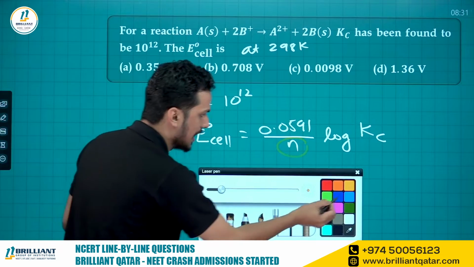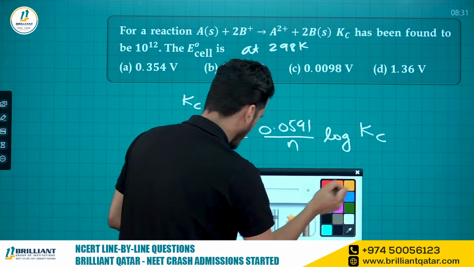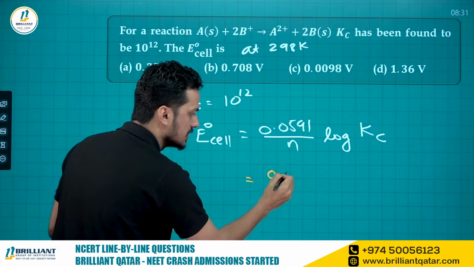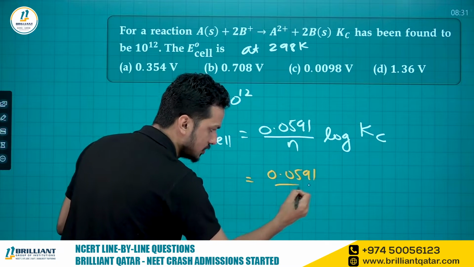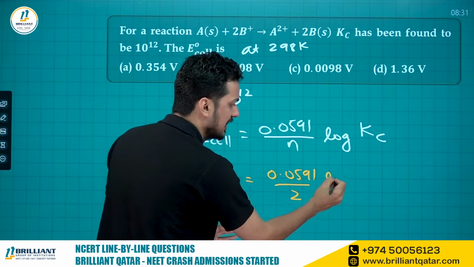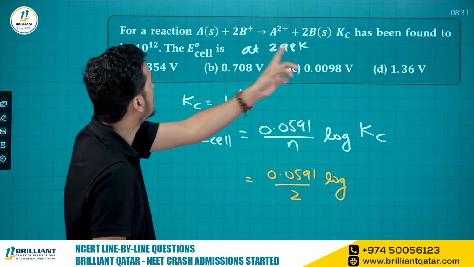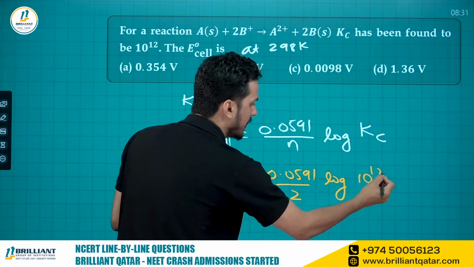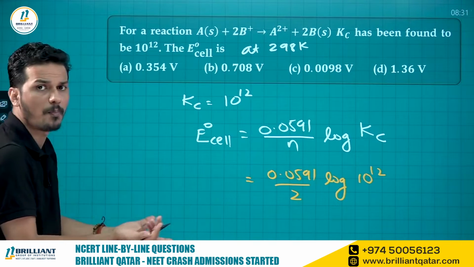Now we can substitute the values. E0 cell equal to 0.0591 by 2 into log Kc. What is log Kc? Kc they have given is 10 raised to 12. Now we can apply the property of logarithm.